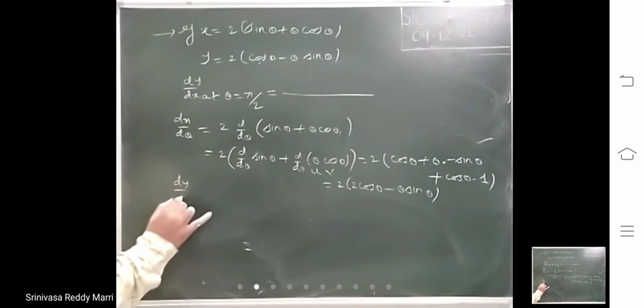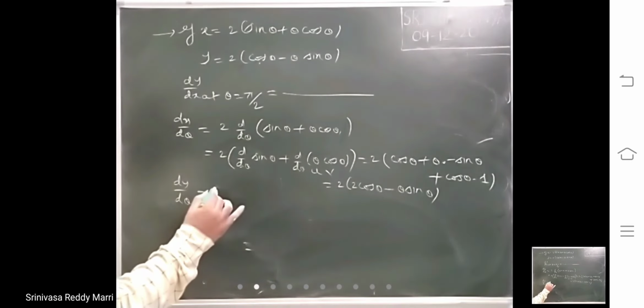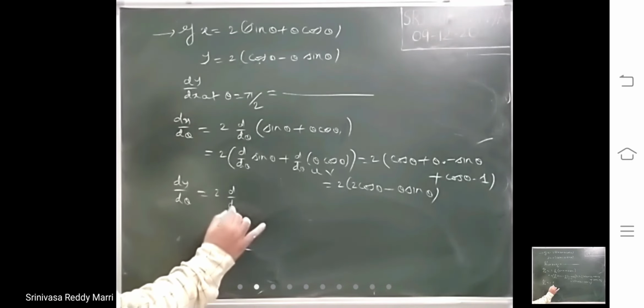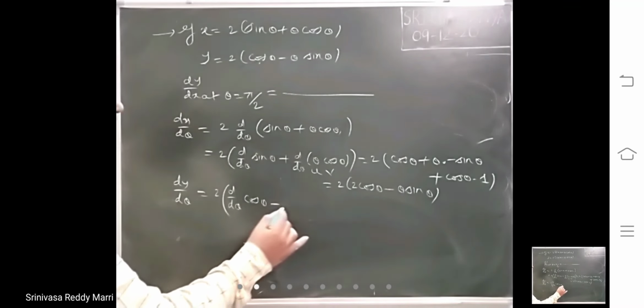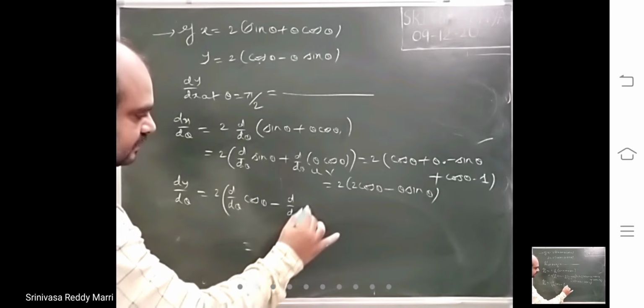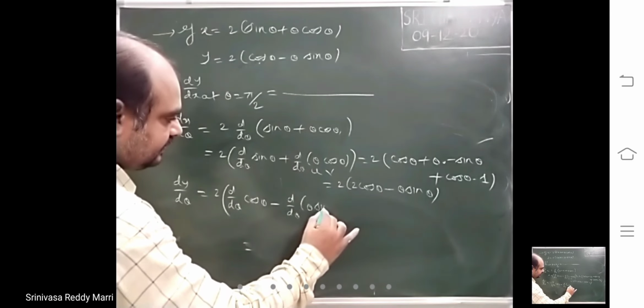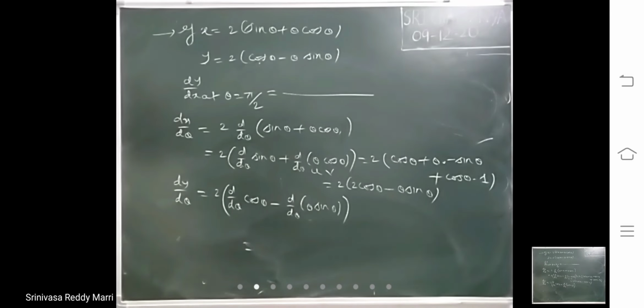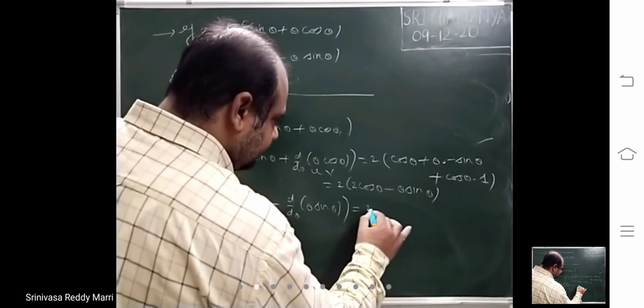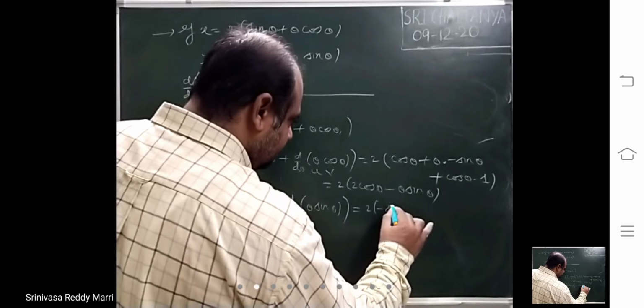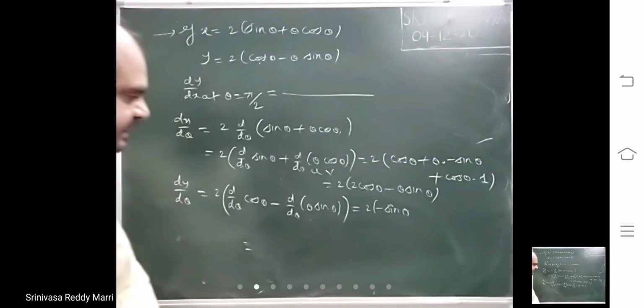Similarly, you calculate dy by d theta. That means 2 into d by d theta of cos theta minus d by d theta of theta sin theta. So d by d theta of cos theta is minus sin theta.